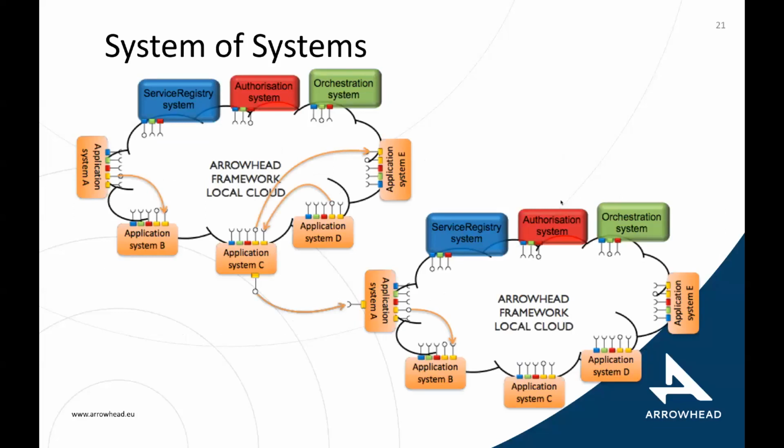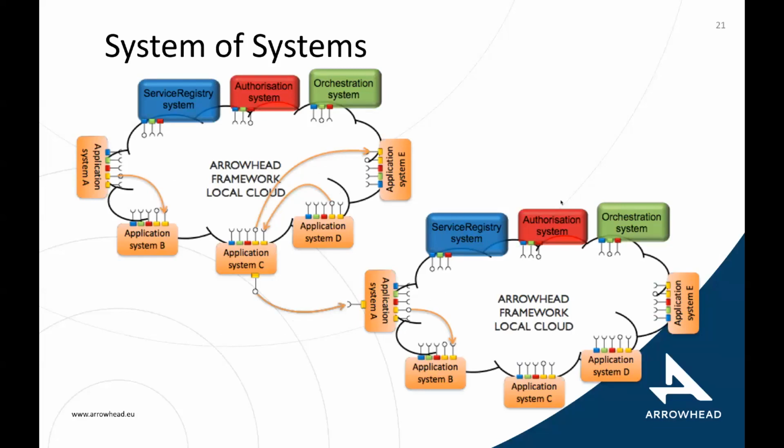And this can end up in pictures like this, where we have 2 local clouds where we actually then have a communication between application system E and the application system C, and here is implied a gateway gatekeeper situation between C and A, and then the data can go to the application system B in a completely other cloud.